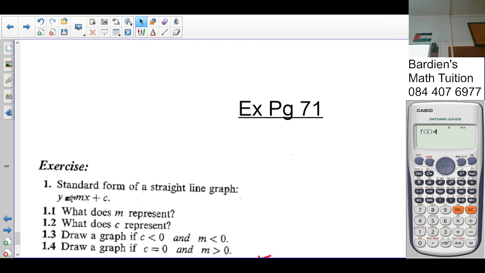Another word for gradient is what? Slope, or inclination. What does c represent? c represents the y-intercept, or where the graph cuts your y-axis. Okay?